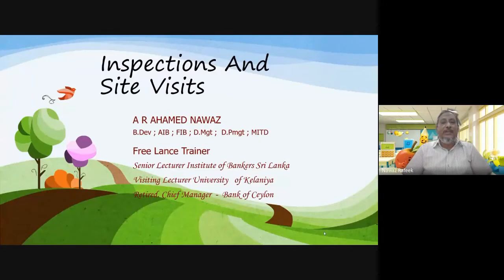The data collection for credit investigation. Last week we discussed two factors: interviewing techniques, and what data collection is, what type of data we have to collect, how to collect the data, and what information we need for a credit decision.